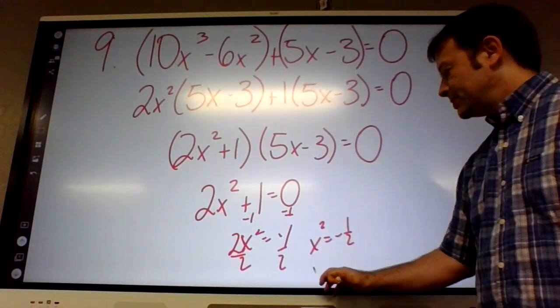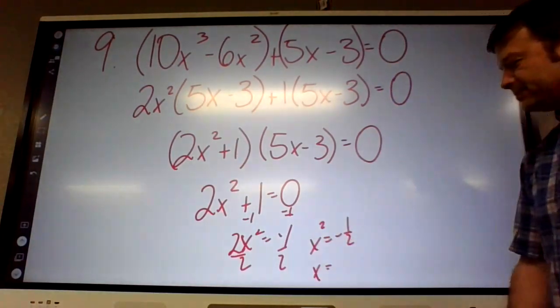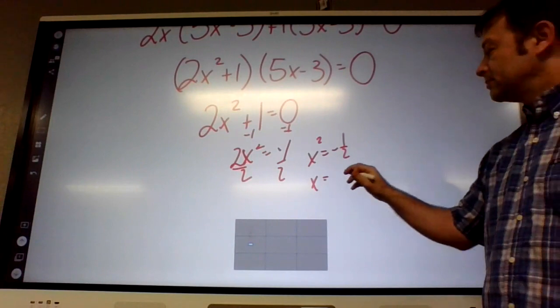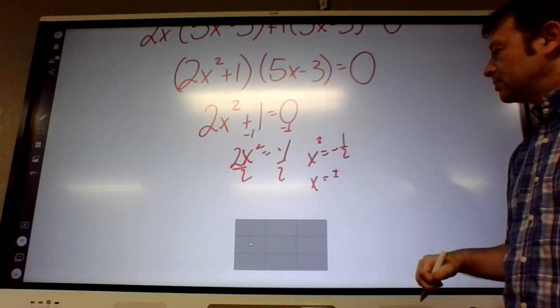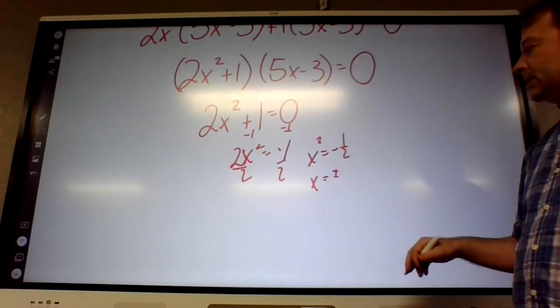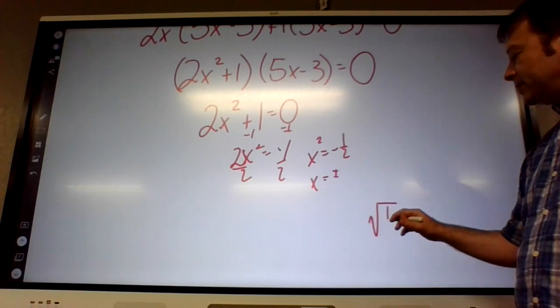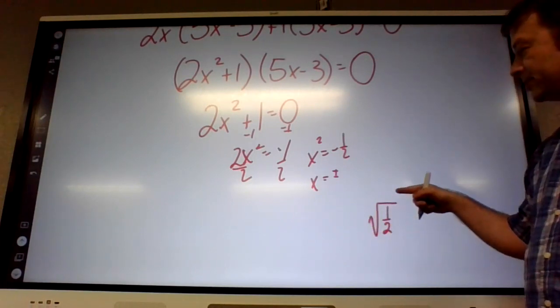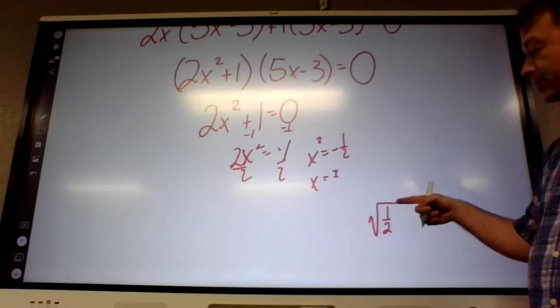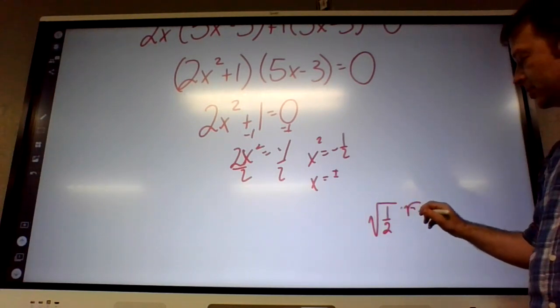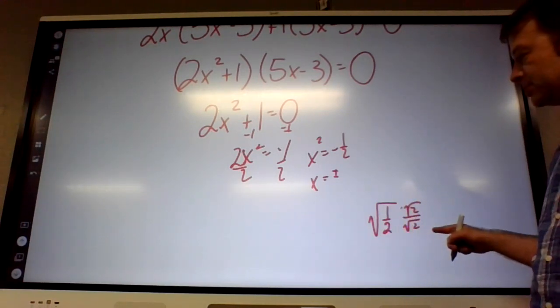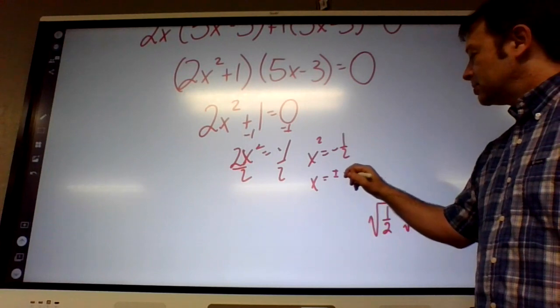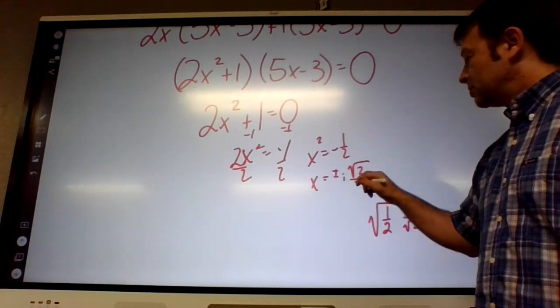Kind of a mess. Plus or minus square root of 1/2. Yeah, but the square root of 1/2, you can't leave the square root of 2 on the bottom. So if you multiply top and bottom by square root of 2, you get square root of 2 over 2. I only forgot the plus root.